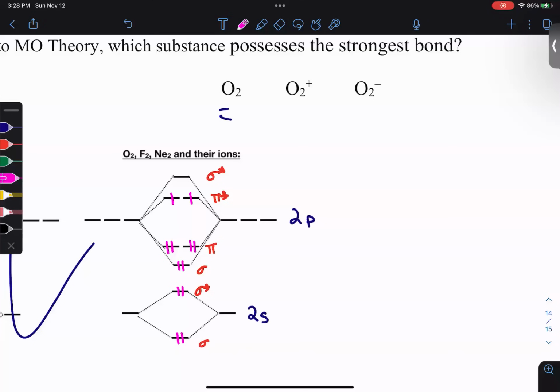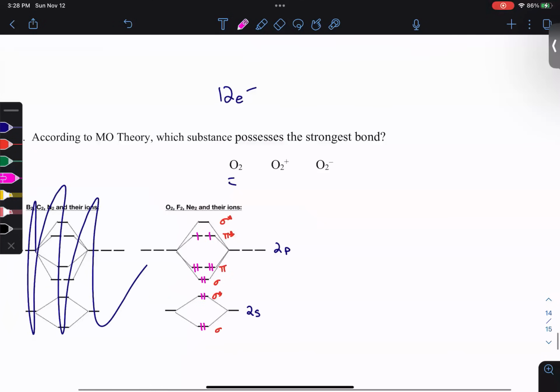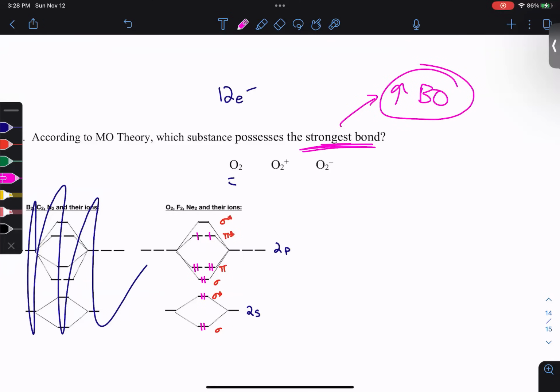All right. So just like before, when a question asks for strongest bond, what does that actually mean? It means bond order. Strongest bond means we are looking for the one with the highest bond order. We can calculate the bond order from this MO diagram using a different kind of bond order calculation, and this one is specific for MO diagrams.